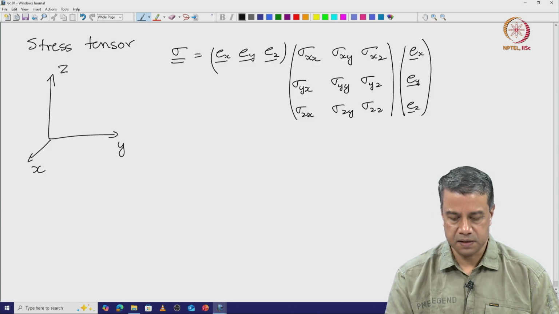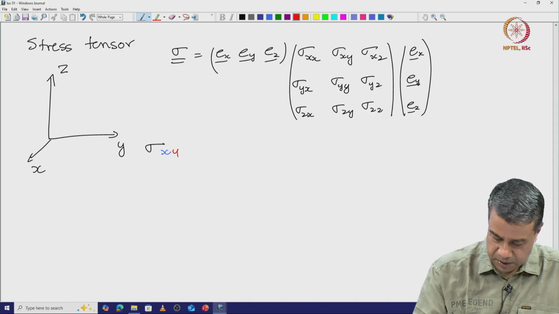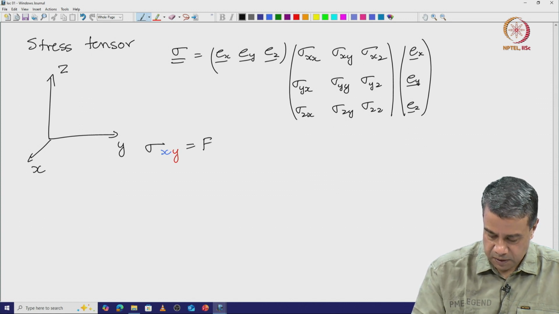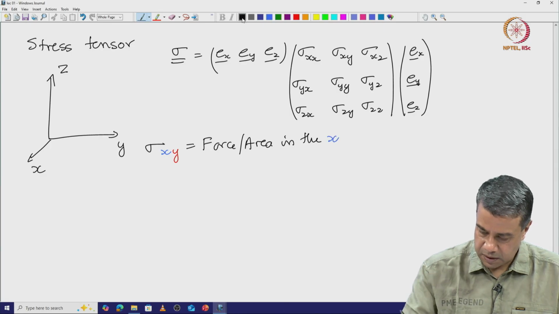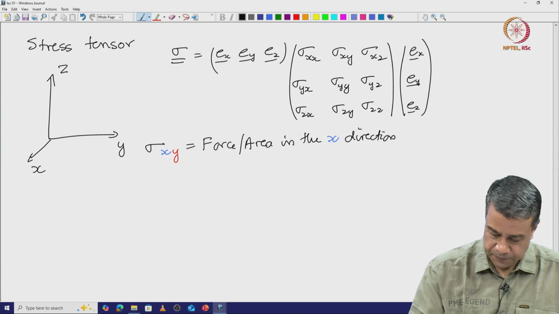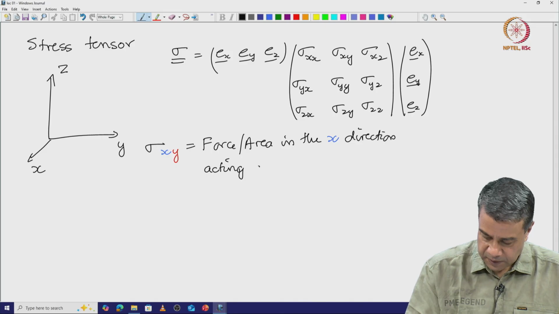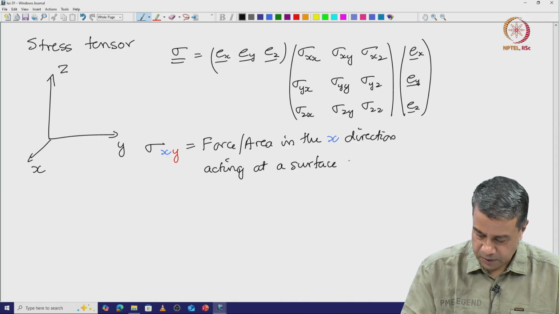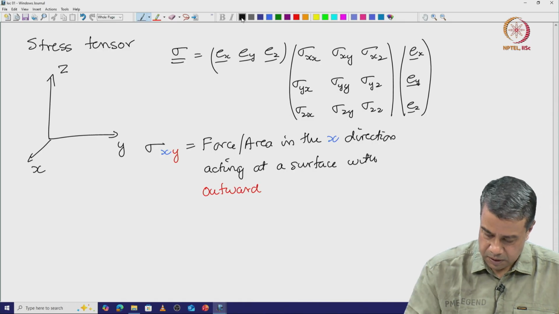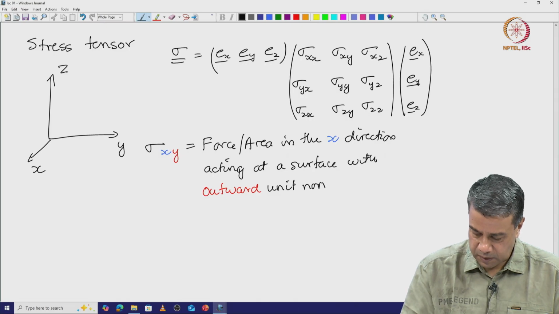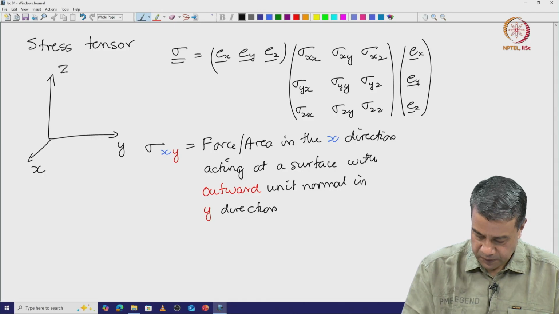So, that is what I had written, the stress tensor in matrix notation, and in this case sigma xy is equal to force per area in the x direction acting at a surface with outward normal in the y direction. That is the definition.